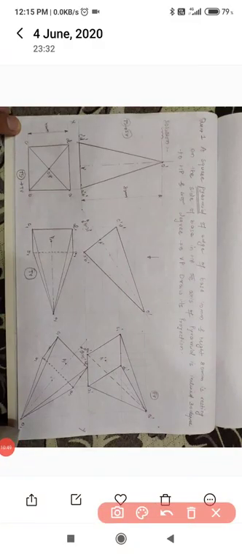So you have to transfer this figure here with the inclination 45 degree with the axis, and by base you can also make it by 45 degree. So there are two methods you can adopt; you may adopt any one.